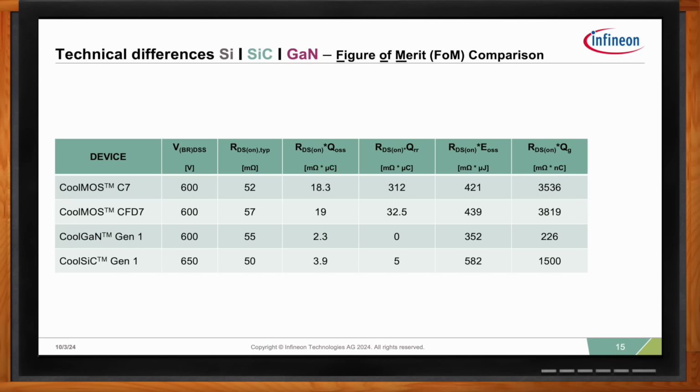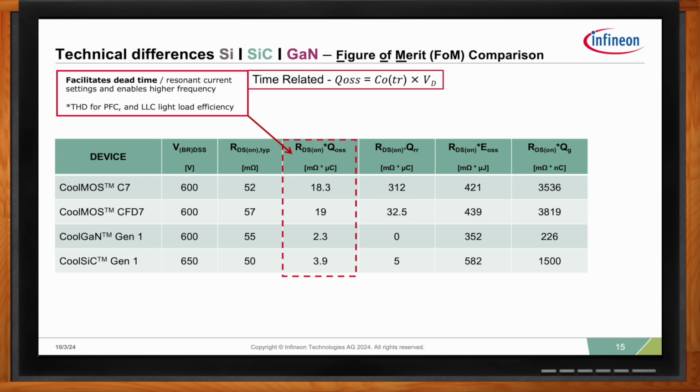And so let's examine these various figures of merit to better understand the advantage of one technology versus the other. Looking at the RDS(on) times QOSS, for example, this characteristic allows a time-related assessment of how fast the output capacitance of the device can be commutated.